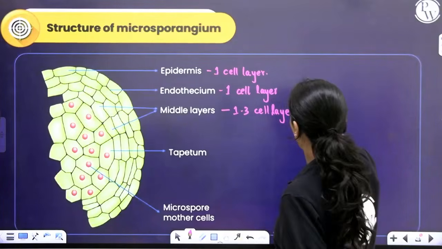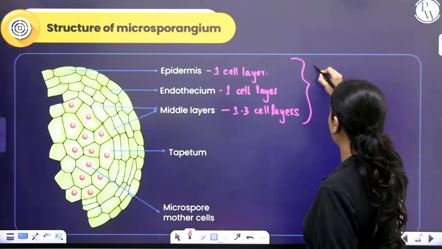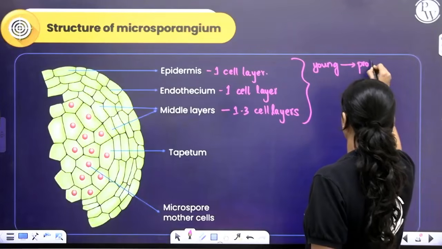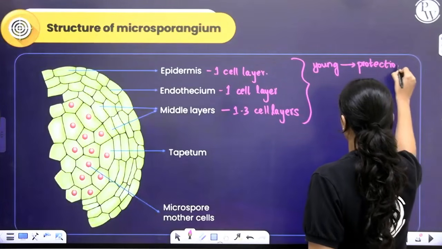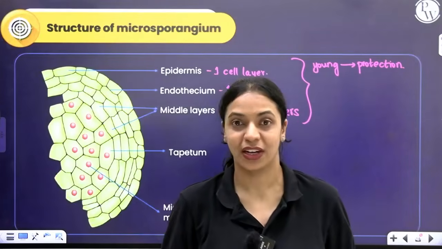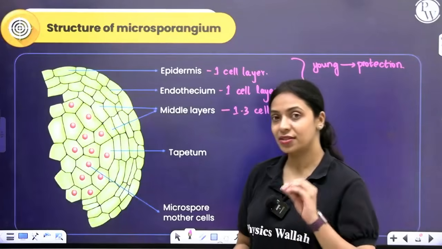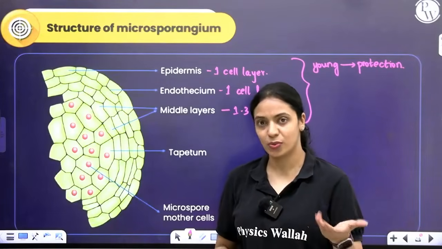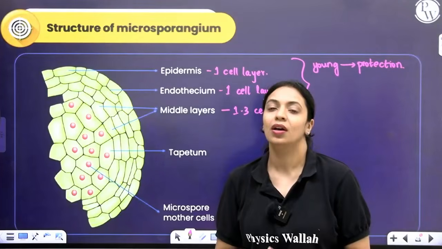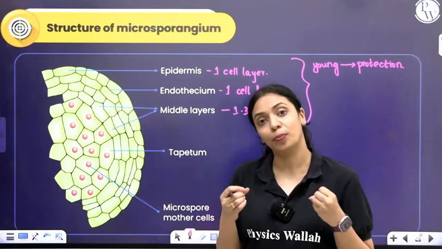Now all of these 3 layers, whenever the anther is young, will offer protection. That is when it needs protection, right? Because inside the anther, very special, very precious cells are being formed. So that needs protection. But once the anther matures, pollen grains would have already been produced. After pollen grains are formed, we say that the anther is matured. Once the anther matures, it is important for the anther wall to break apart.